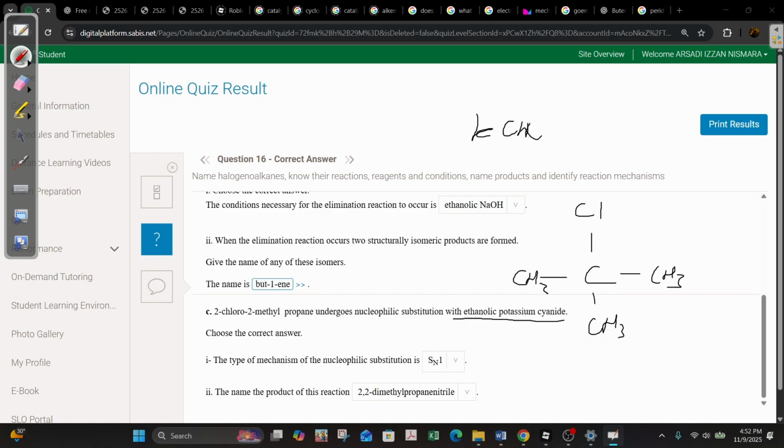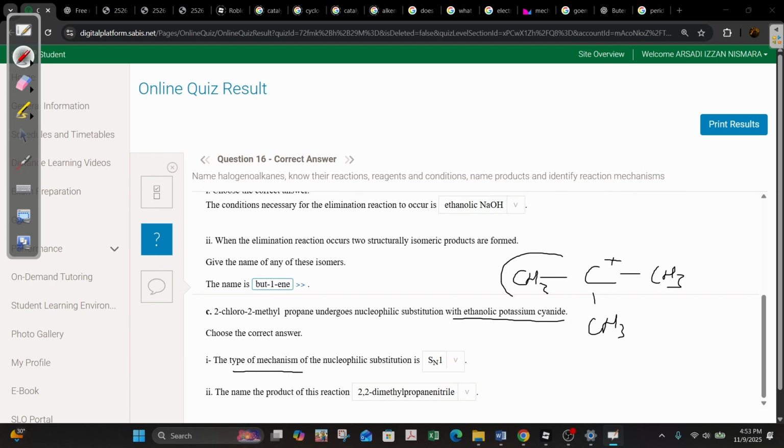What happens? We did this reaction before. CN substitutes with Cl to give what? To give, by increasing the carbon chain, producing there. But they said, what is the type of mechanism? Okay, so during the intermediate, don't we have a tertiary carbocation? Yes, we do. So 1, 2, 3. And what does tertiary go to? Tertiary goes to an SN1 reaction.